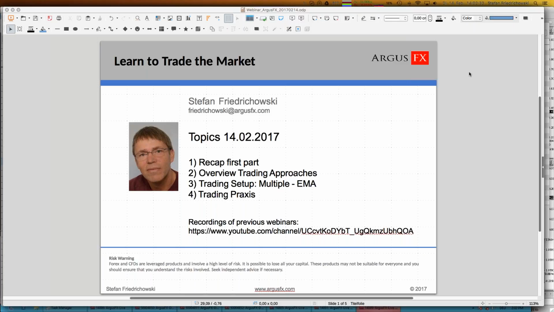I will start that topic with a general overview about trading approaches, and then I come directly in the next topic to one specific trading setup, and that trading setup runs under the name multiple EMAs. So you will see what that means and how that will help to find good trades within the market.